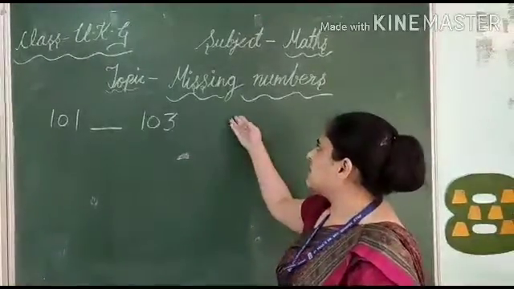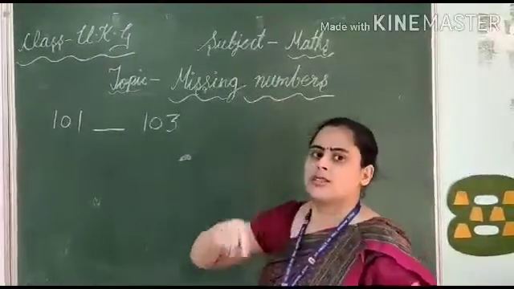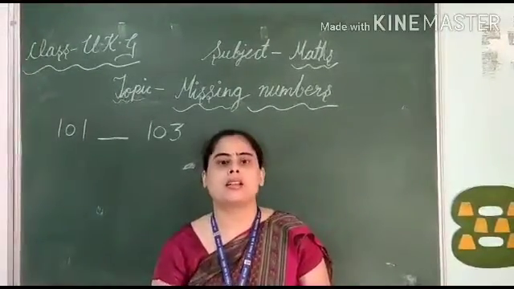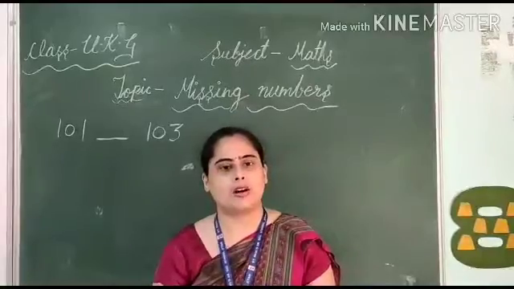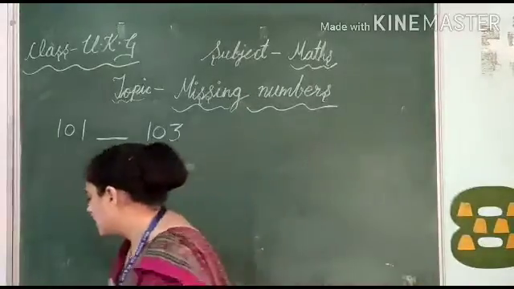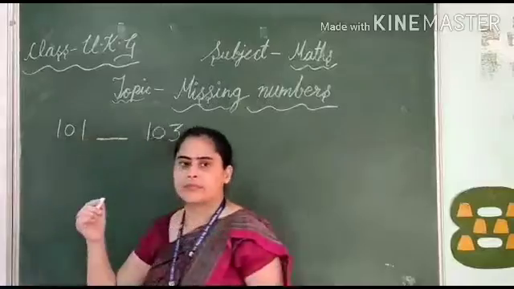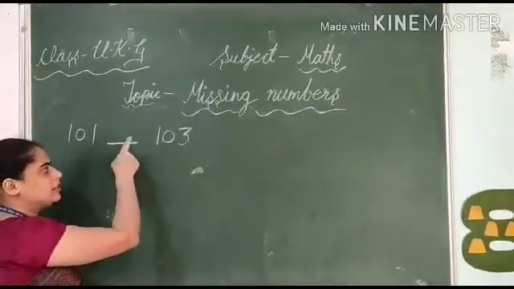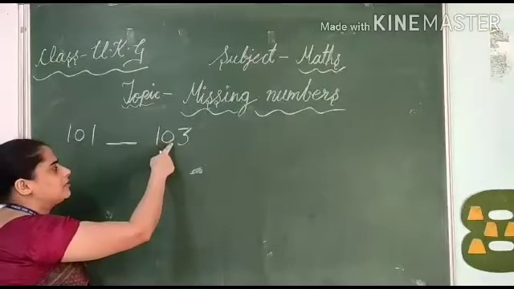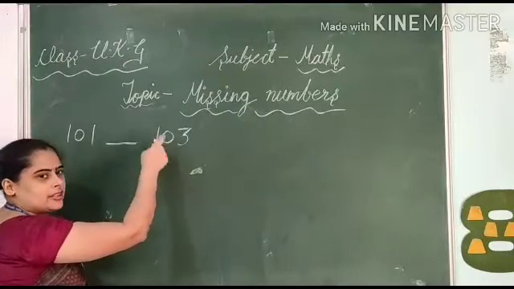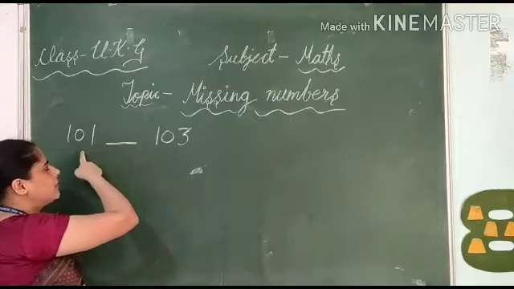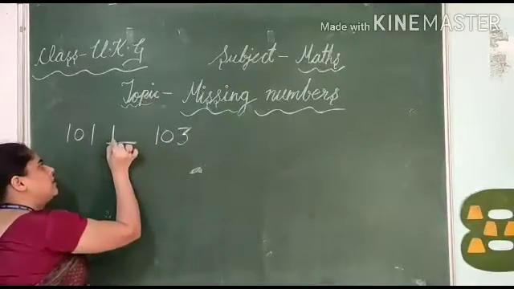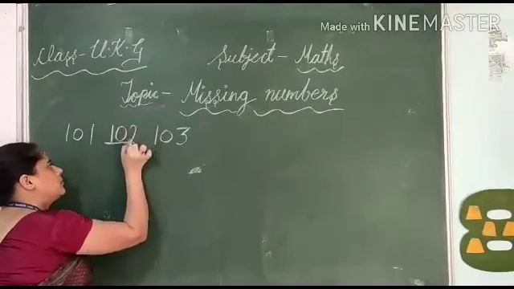Our next topic is missing numbers. Do you know what is missing numbers? Missing numbers are the numbers which are not present in an order. For example, what is missing between 101 and 103? It is 102.